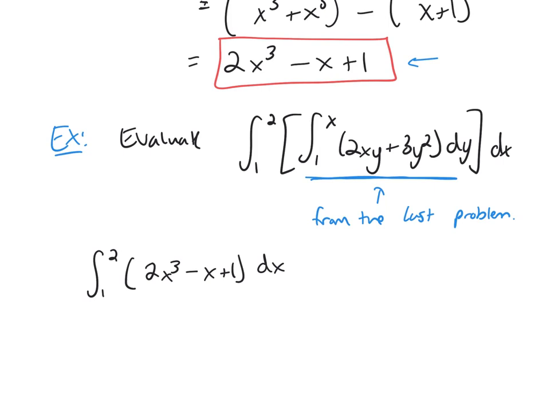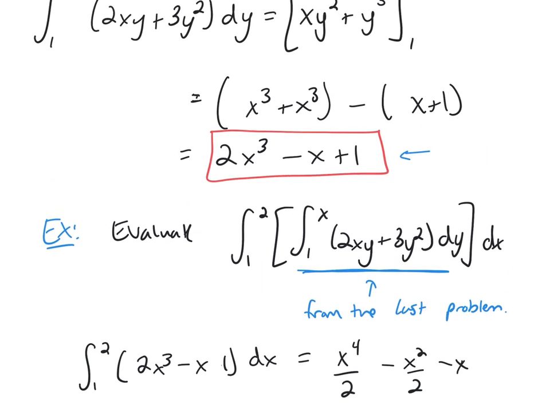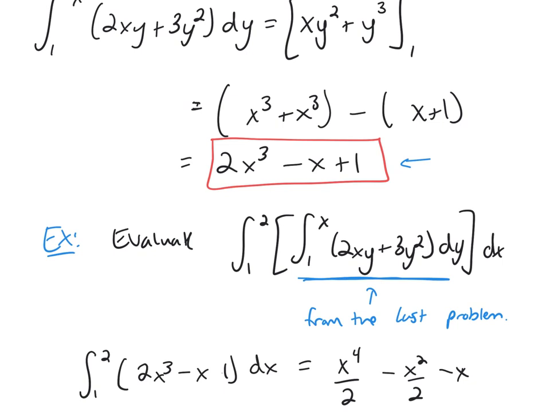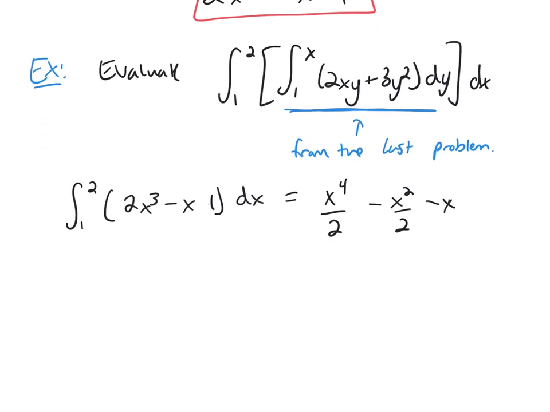Well, this is just our normal integral. We do the reverse power rule: x to the 4th over 2 minus x squared over 2 plus x. No, that should have been a minus 1. I didn't distribute the minus that I should have distributed back here, so let me fix that. That should be a minus 1, from 1 to 2.